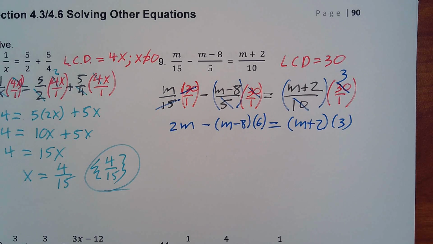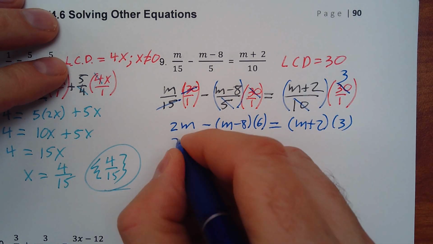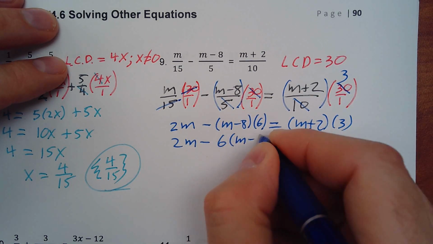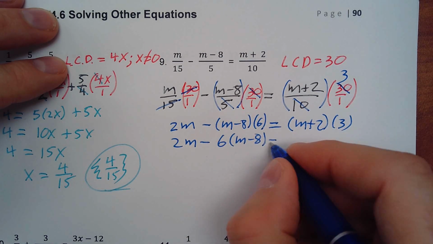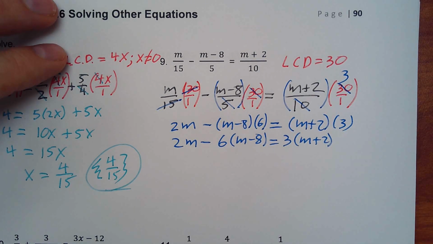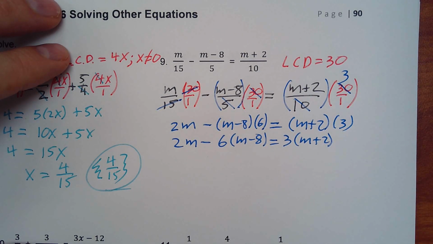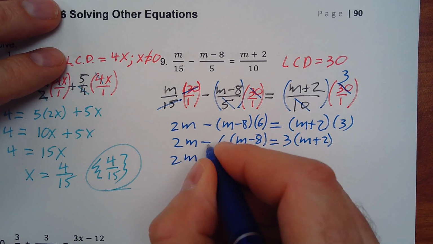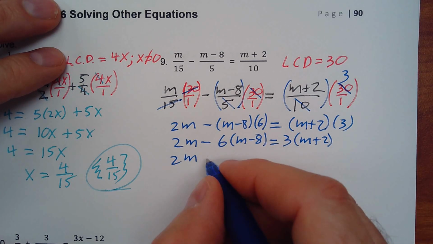All right, the setup is a little bit weird here, so let's rewrite this. Let me put the 6 in front of the m minus 8 and put the 3 in front of the m plus 2, just so it's a little easier to work with. So we're going to distribute. Make sure you distribute that negative with both terms.